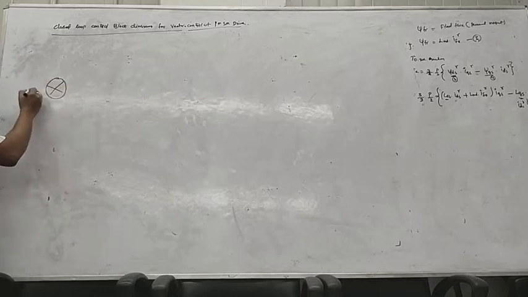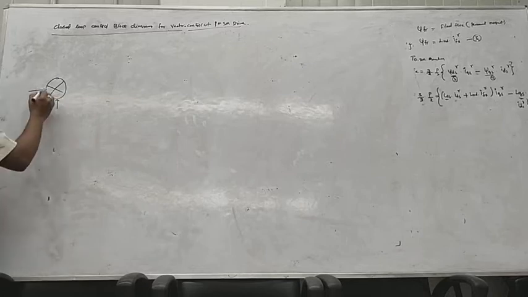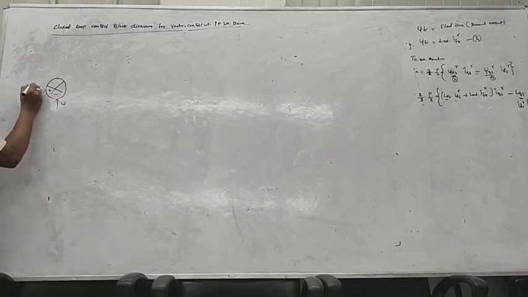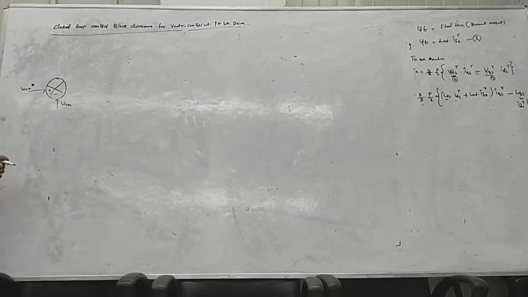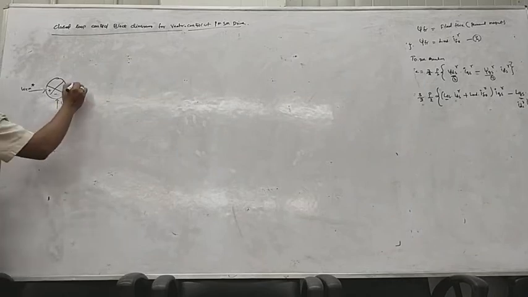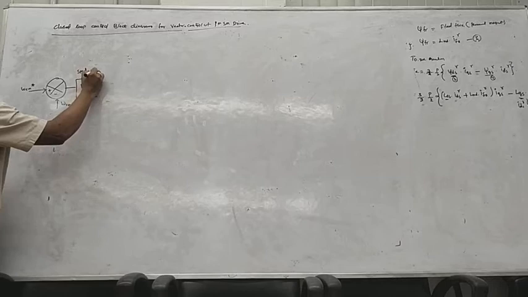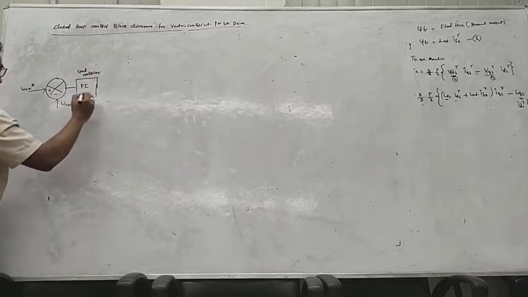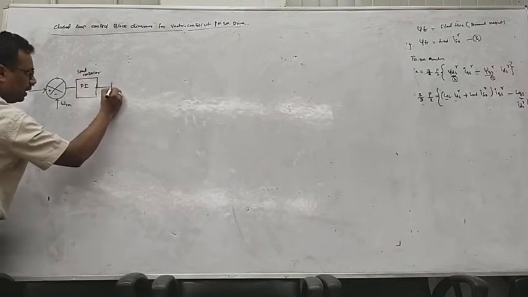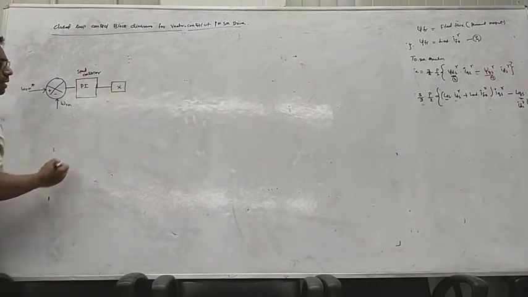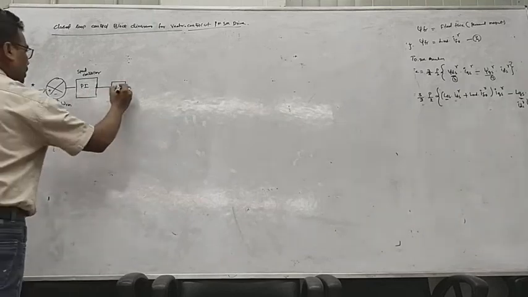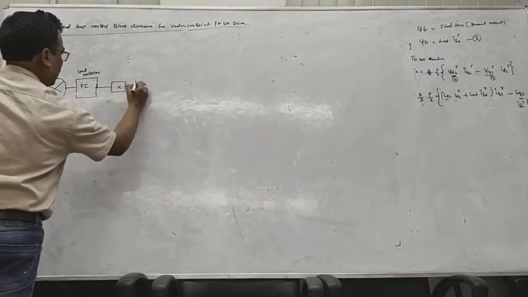We get an error signal, which goes to a PI controller, the speed controller block. Then it should be multiplied, so again we have a multiplier.